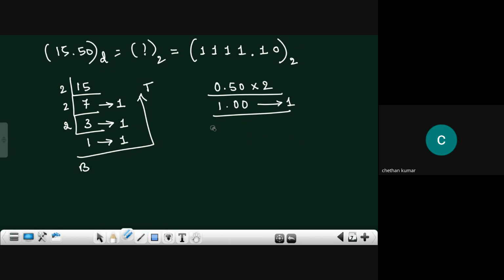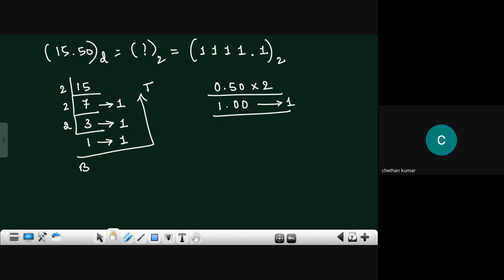Because if I'm taking 1 out, 0.00 multiplied by 2 means what? 0. So I can write what? 1. Correct? 1 or 0, I should write here. 1, right? This is nothing but 1.